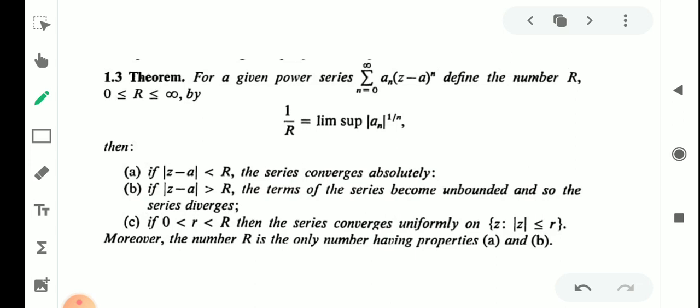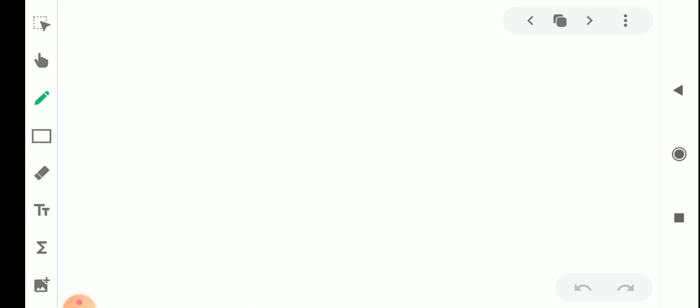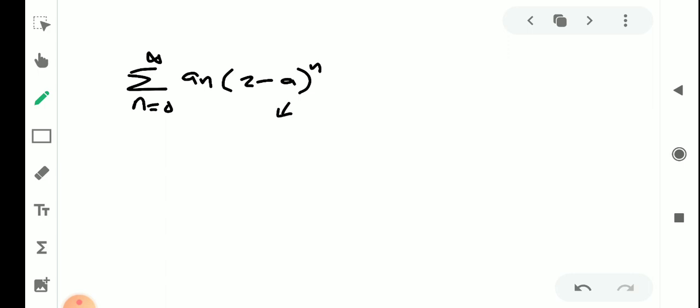So, we have a power series sigma n equal to 0 to infinity a n (z minus a) raised to n, a power series about a, or with the center a.